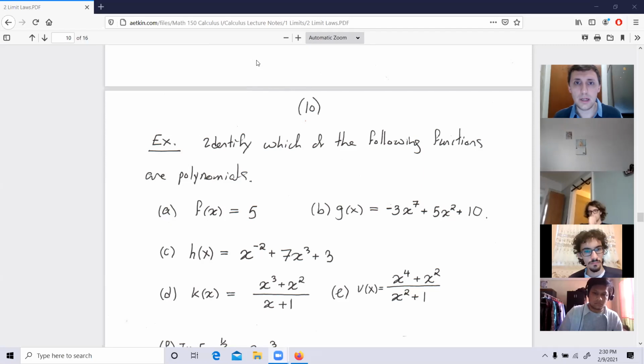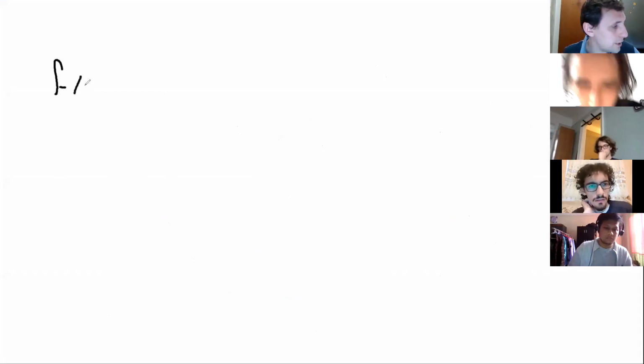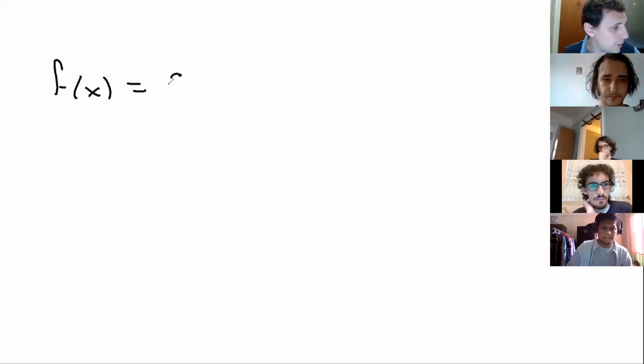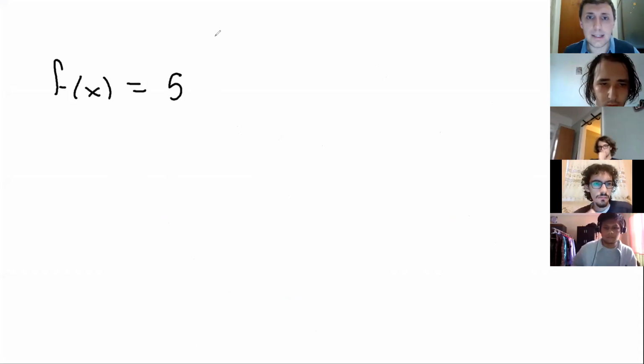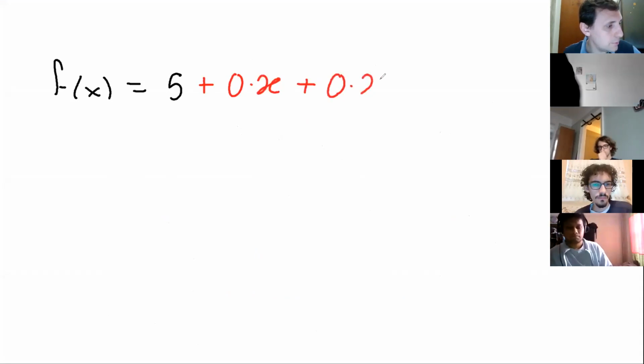Let me just show you on the board what happens. And guys, if at some point you're confused, tell me. So we have f of x is equal to 5, yes? And then I can simply write plus 0 multiplied by x plus 0 multiplied by x squared onwards, right?